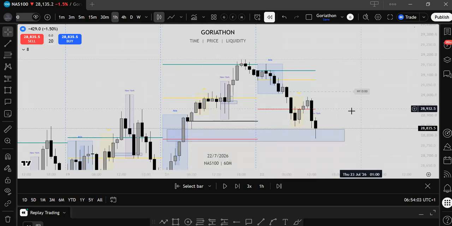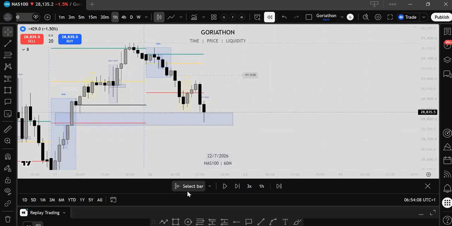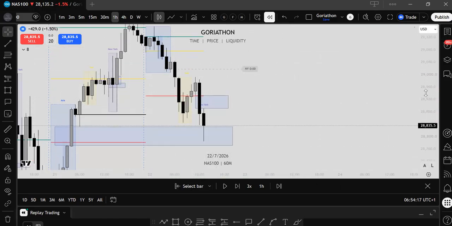So previous day fair value gap taken as marked. Okay, price is rejecting from there. We have an H1 FVG over here. We know price could react from there as well. Anything else to react? Okay, we've got one over here.